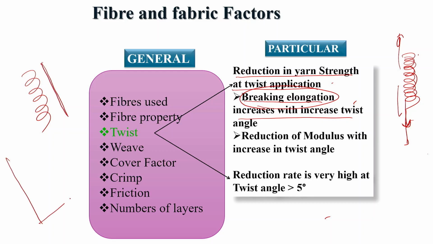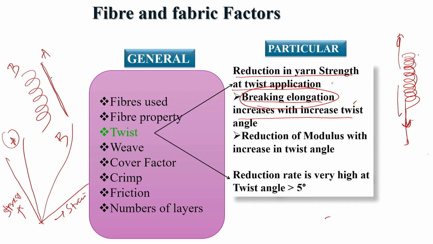If we draw, this is a straight filament A and this is B, a helical, twisted structure, and if we see the stress and strain behavior, this will be A and B, because A is the filament without any twist, so this will actually take the load.